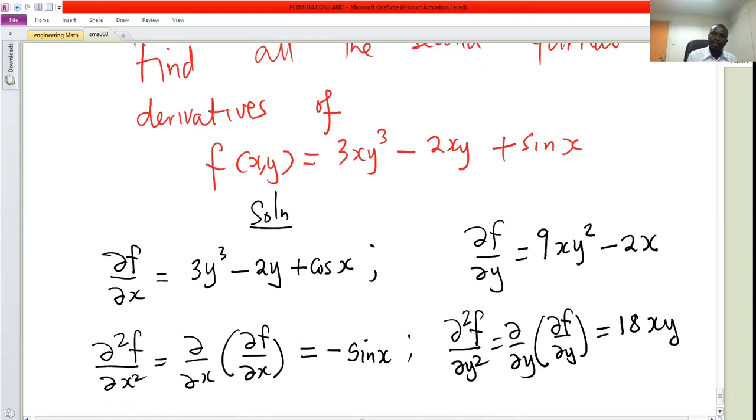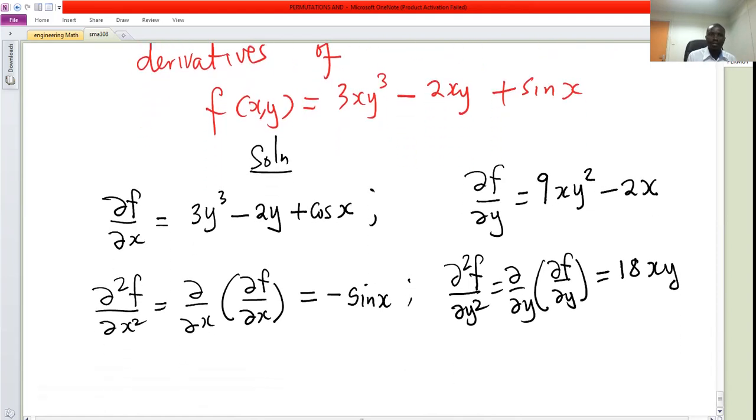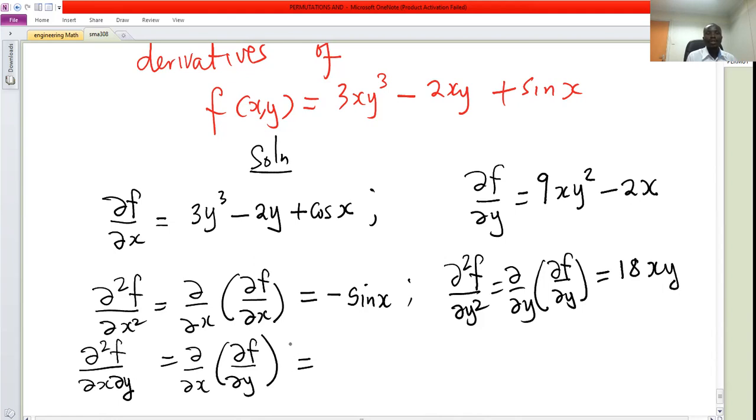And then mixed partial derivatives. So we have partial squared f partial x partial y, which means partial x of partial f partial y, which is the same thing as, now, when you differentiate this one with respect to x, you get 9y squared minus 2.